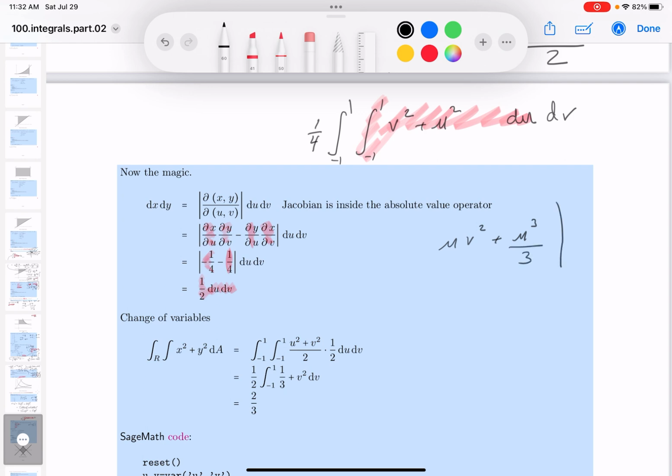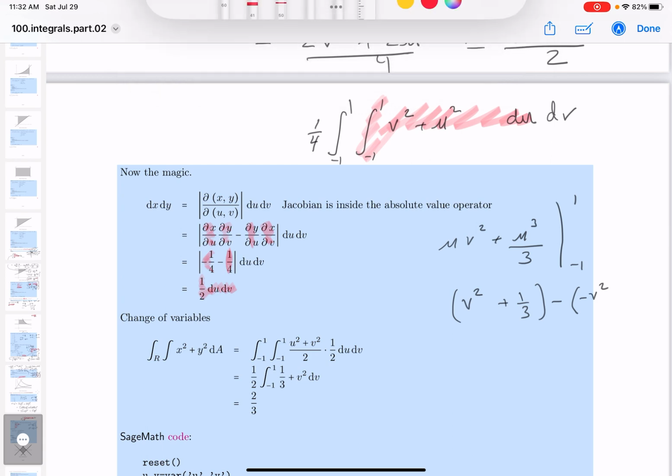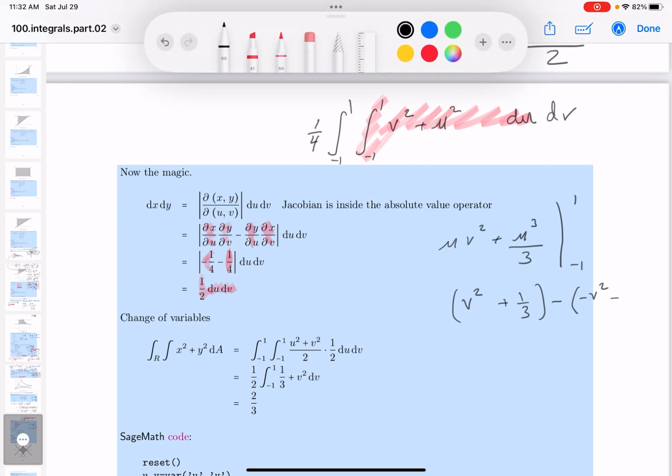And you're going to evaluate that from minus 1 to 1. What does it give you? You're going to get v squared plus 1/3 minus, plugging in u is minus 1, minus v squared minus 1/3. What does that give you? 2v squared. 1/3 minus a minus 1/3 is going to be 2/3.